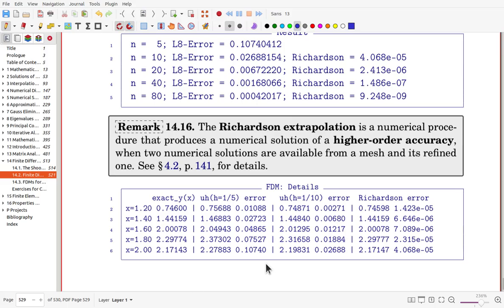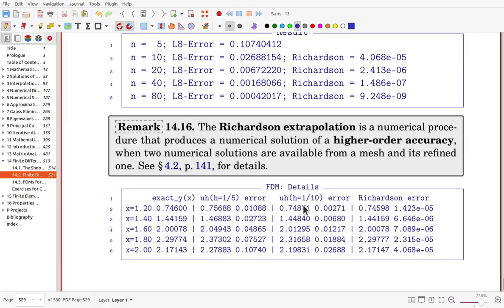Let's see some details. This is when h is 1 over 5, which means n is 5, and at each point 1.2, 1.4, and so on. And this is the exact solution. This is the numerical solution, and these are the errors.